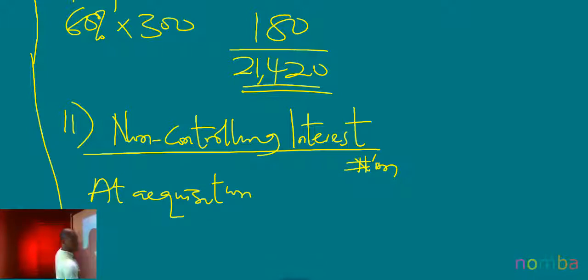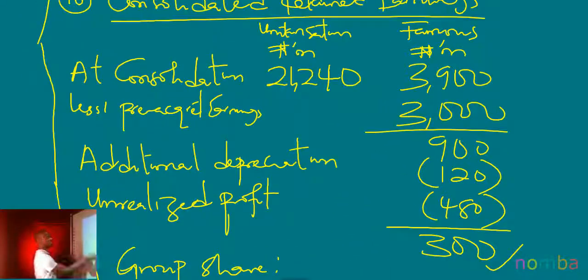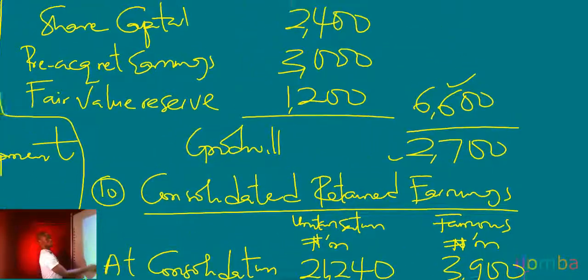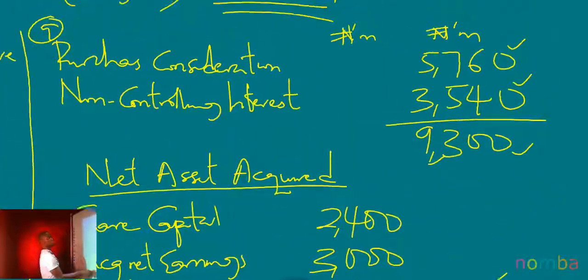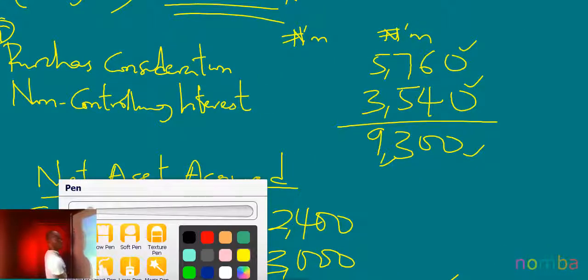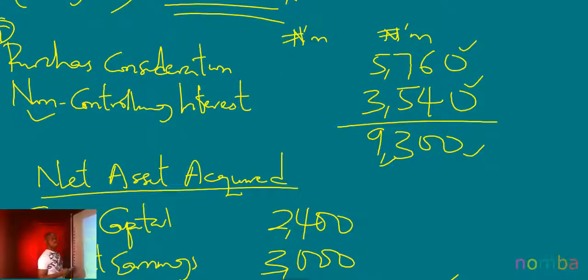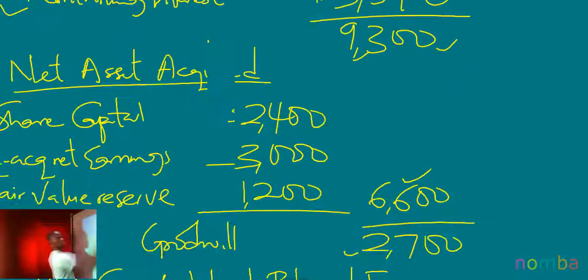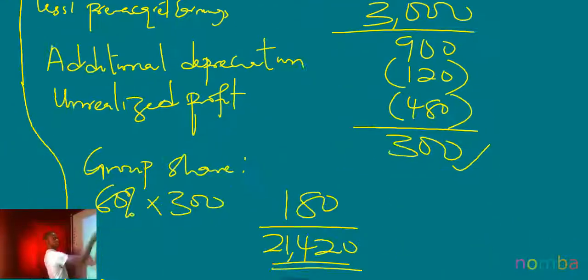We can easily get it from our Goodwill figure. The NCI at acquisition, which is this 3,540.